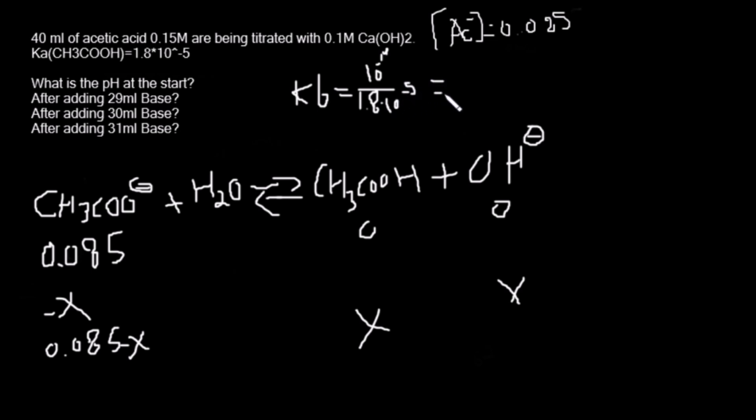This is our Kb. It's a very small number, 5.55 times 10 to the negative 10.